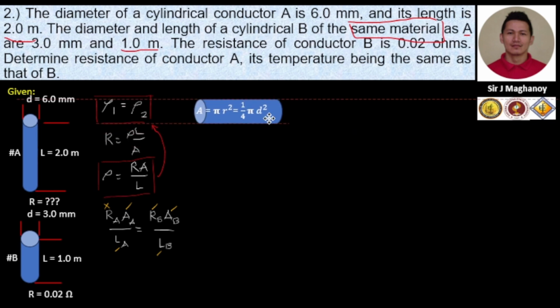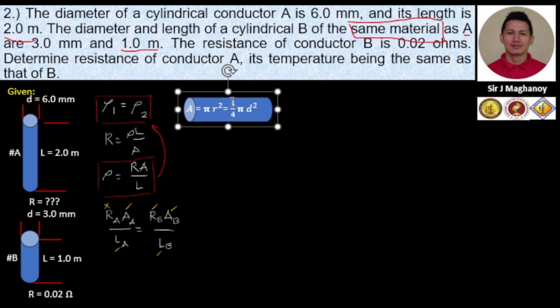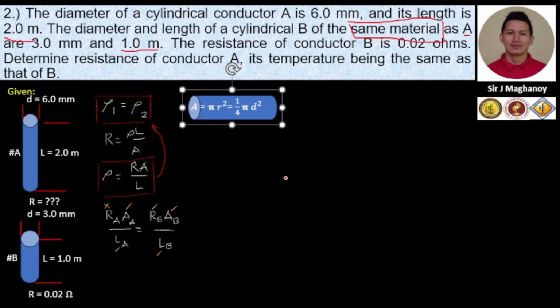If you recall the formula for a cylindrical conductor, we have one-fourth pi d squared. So we use this formula and substitute it into our equation.